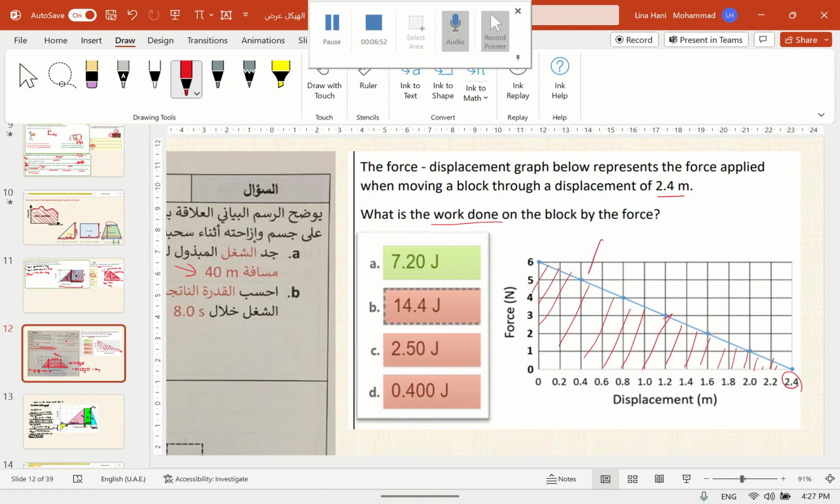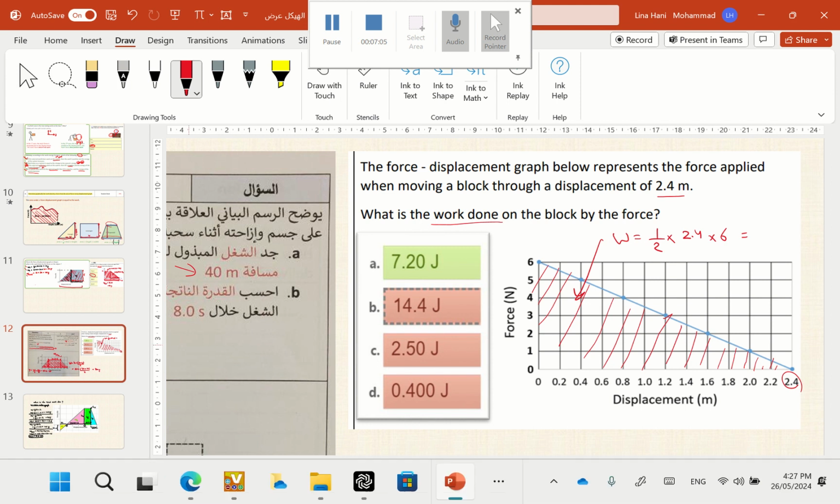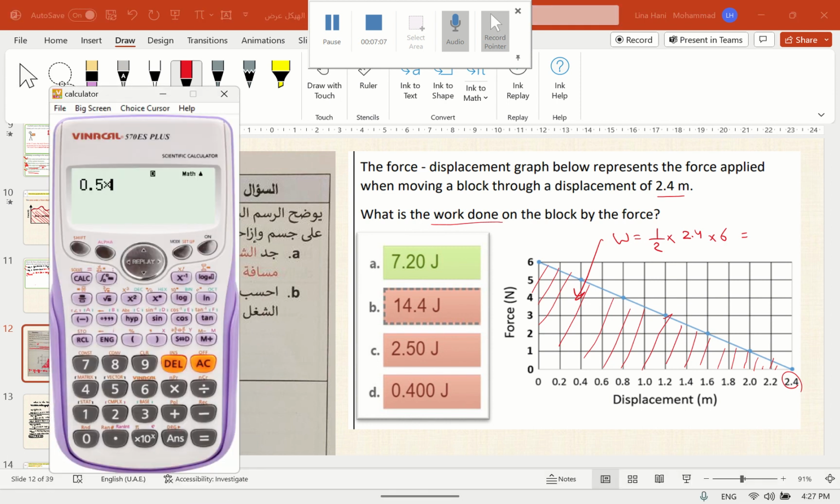Obviously this is a triangle, so the work is equal to the area, which is half base times height. The base is 2.4 and the height of the triangle is 6. So we have half times 2.4 times 6, that's going to give you 7.2.